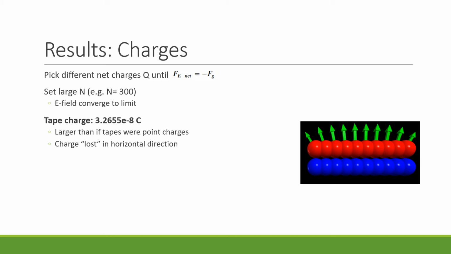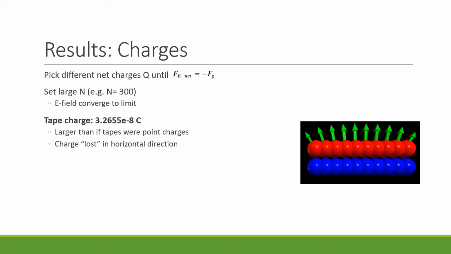And so you can use this true electric field to tune the value for the tape's charge until you find the charge Q, where the electric force from the bottom tape on the top tape balances with the gravitational force on the top tape.